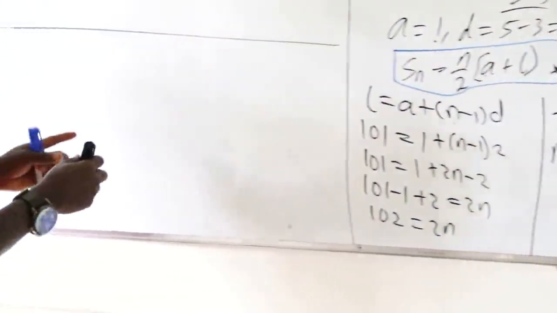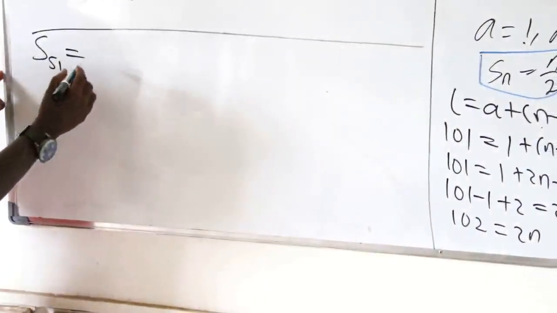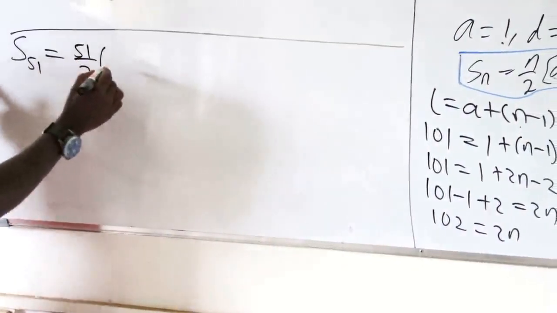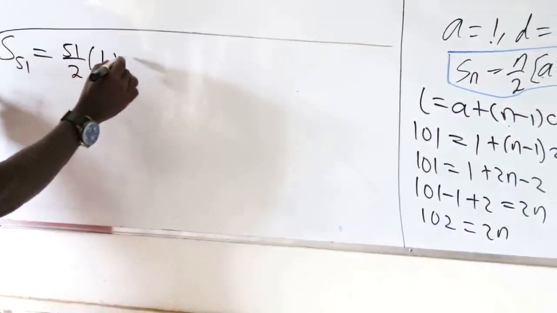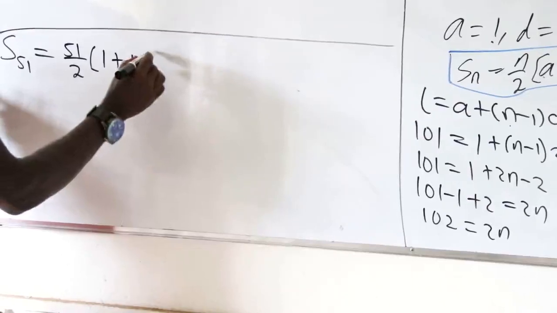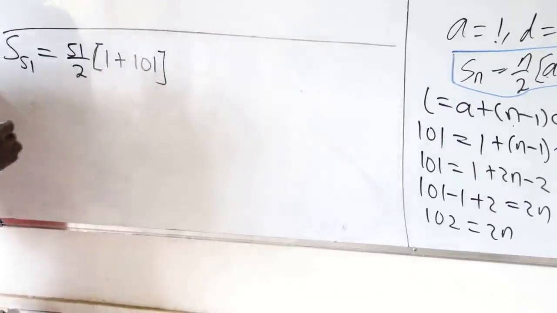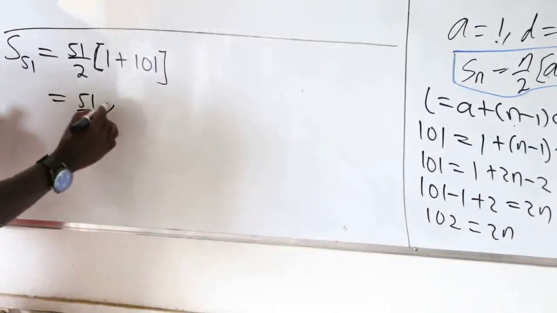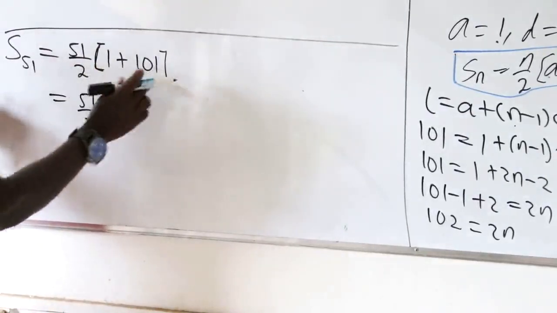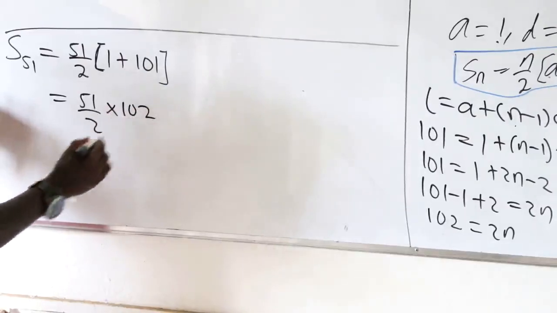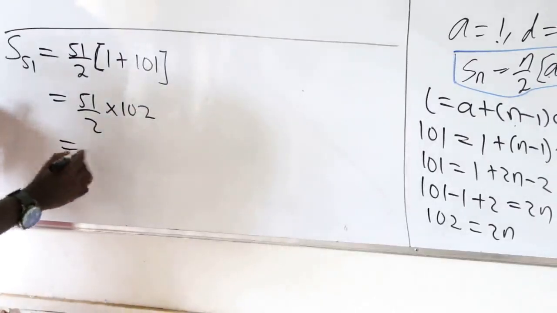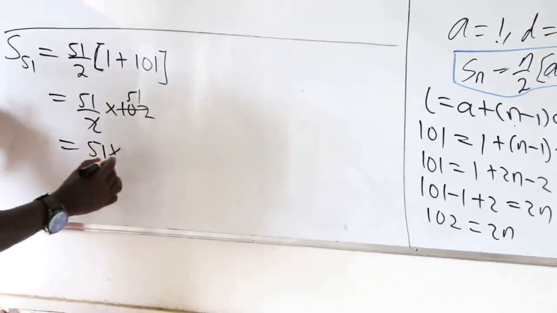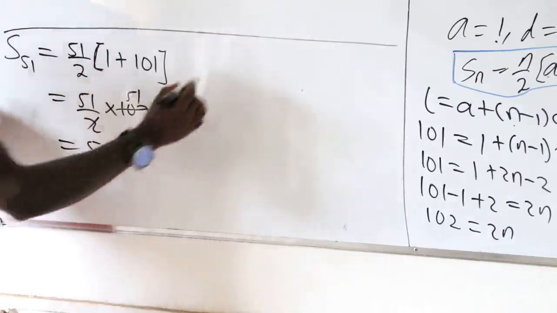So S51 is 51 all over 2 into A, which is 1, plus L, which is 101. We now have 51 all over 2 times 102, and the 2s cancel, so we are going to have 51 times 51.